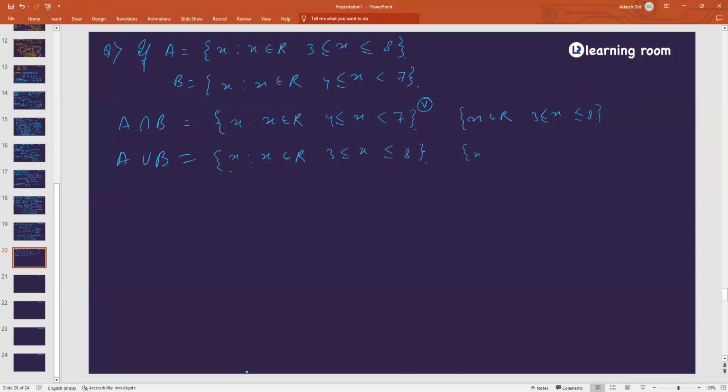Sir, in the first one, x belongs to R and x is greater than or equal to 3 and less than or equal to 8. And here? A union B is equal to x such that x belongs to real numbers, where x is greater than or equal to 4 and less than or equal to 6.